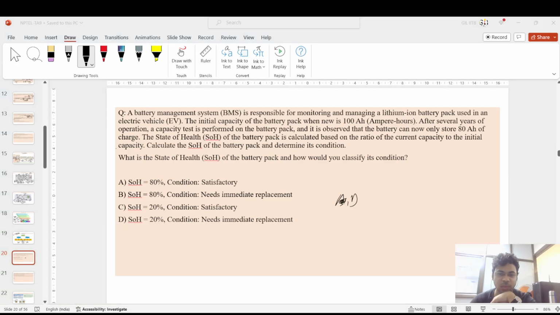You have to think that the 20% limit will not exist in between. Are you getting my point? Because at 80% itself it gets discarded. And I have specifically mentioned in the first statement that the BMS is responsible for monitoring and managing the lithium ion battery pack used in electric vehicles.